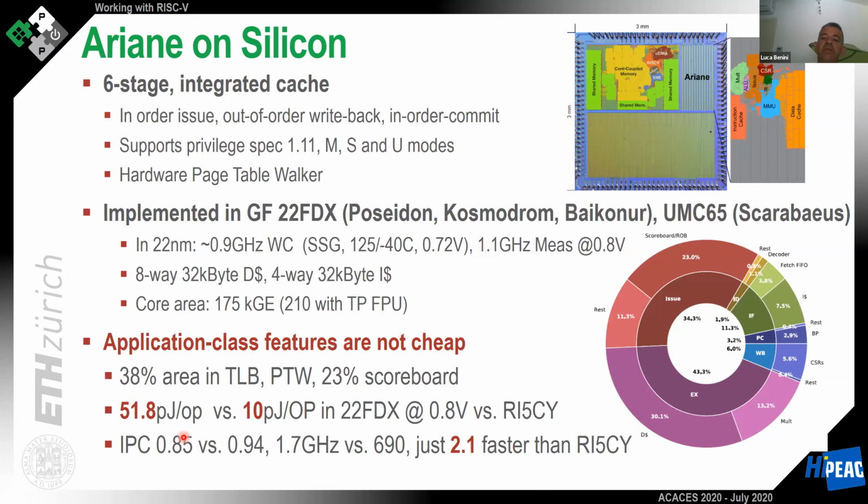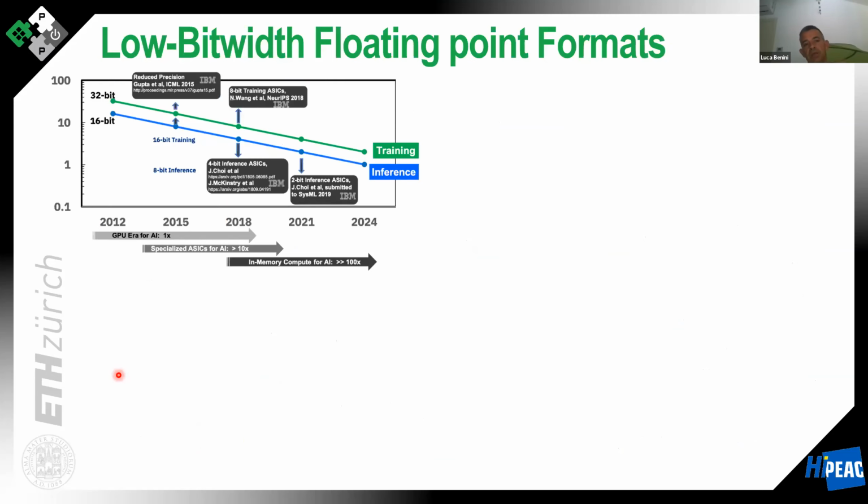So why do we have all this increase in energy? The simplest and clearest explanation is over here. Larger data, of course, that we manipulate, but a larger data path, but most importantly, a lot more area dedicated to stuff that in an application level processor you must have, in a microcontroller you don't need.